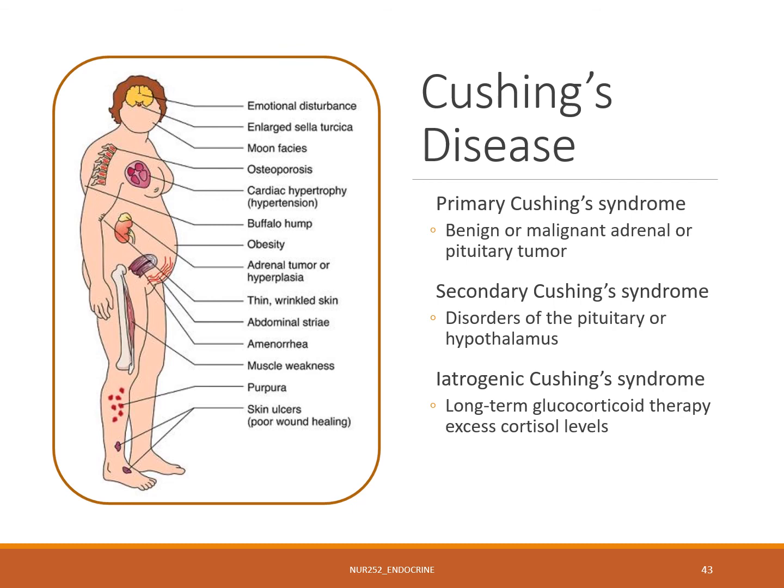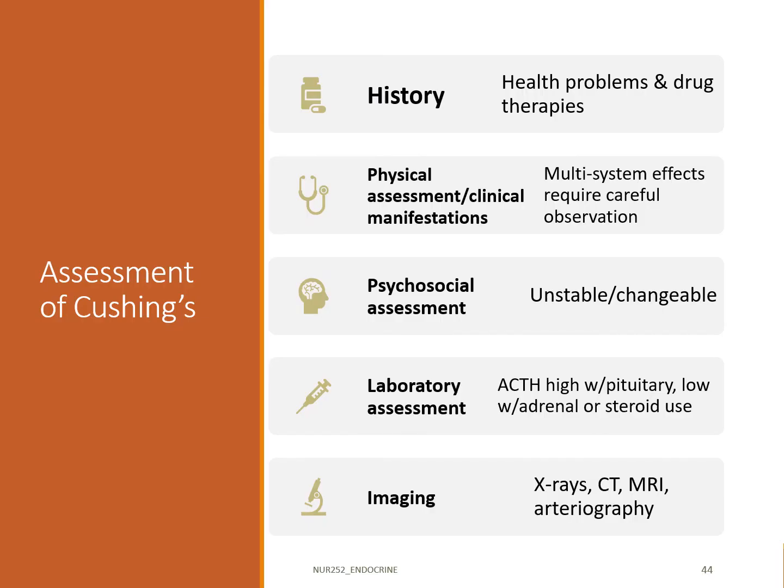Secondary disease results in an increased release of ACTH or from an ectopic disorder, which could be tumors of the lung or pancreas that produce ACTH. Iatrogenic Cushing's is the most common cause and occurs as a consequence of long-term glucocorticoid therapy causing excessive cortisol levels. Regardless of the cause, the patient with hypercortisolism has many changes because of the widespread effect of excessive cortisol levels.